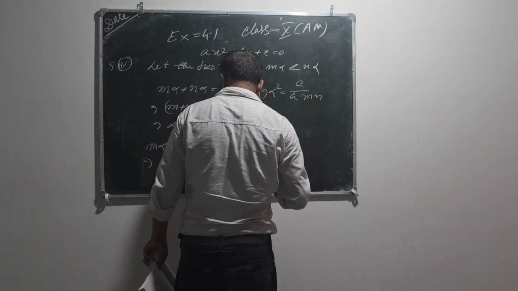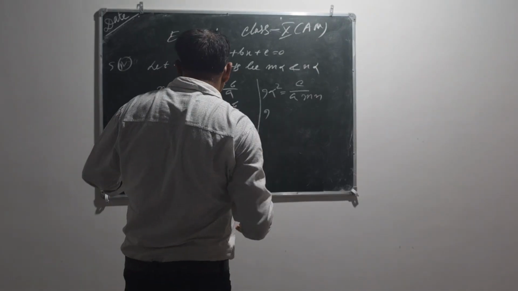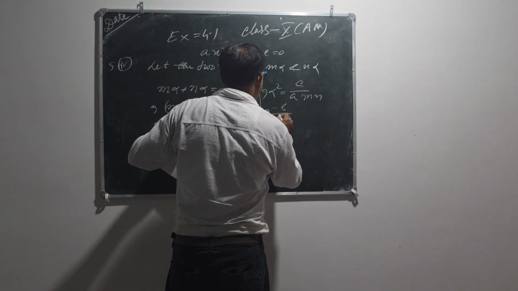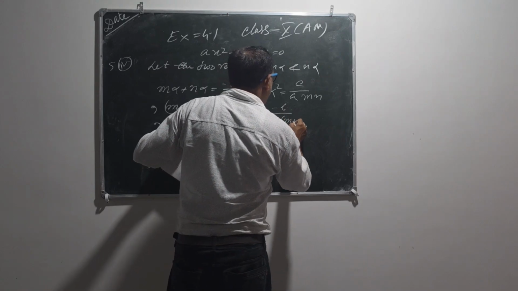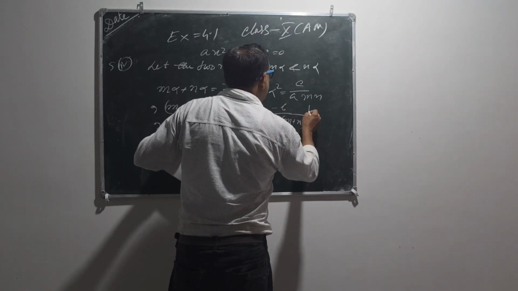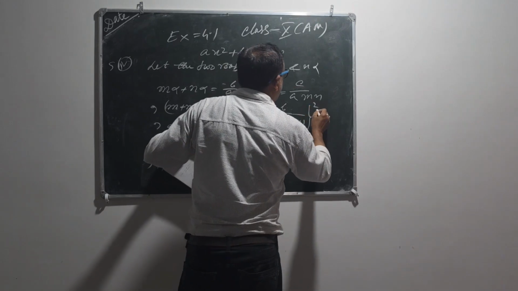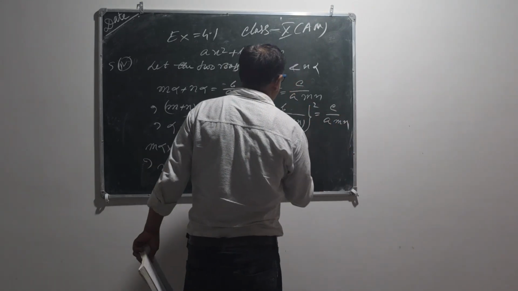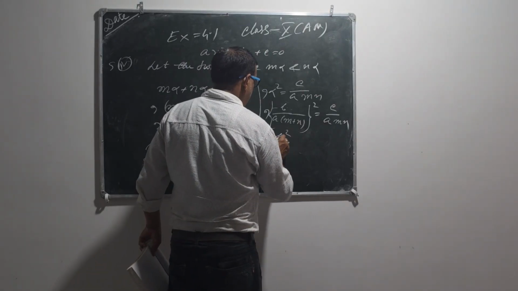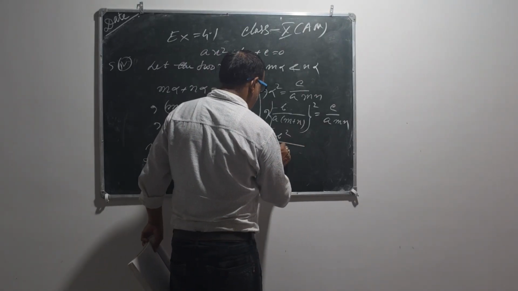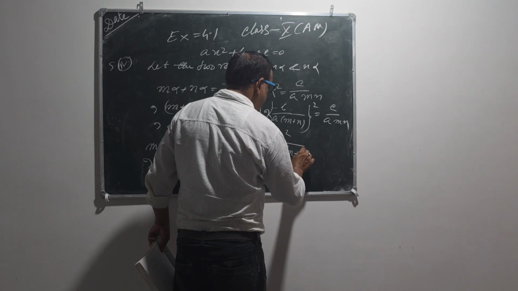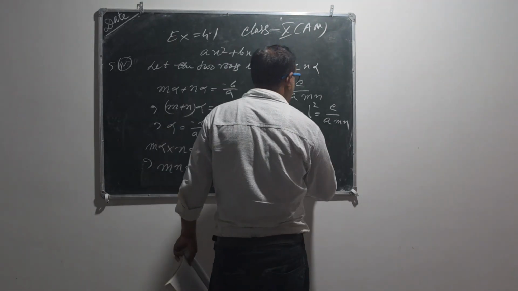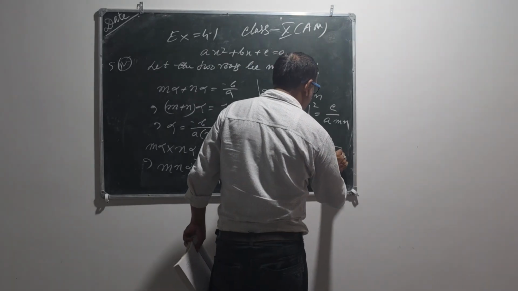If we replace the value of alpha by this, then what will it be? Minus b divided by a into m plus n, whole square, and the right side will be c by a into mn. Then it will be b square divided by a square into m plus n whole square, and the right side c by a into mn.